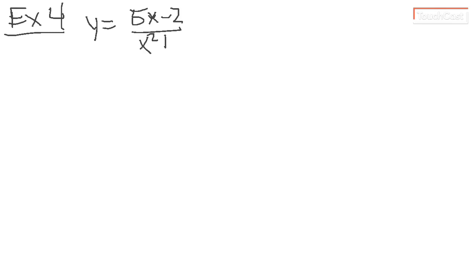So let's look at example 4. We're going to have y equals 5x minus 2 over x squared plus 1. What we can do here is we can just say let the numerator be f of x, and we'll let our denominator be g of x.